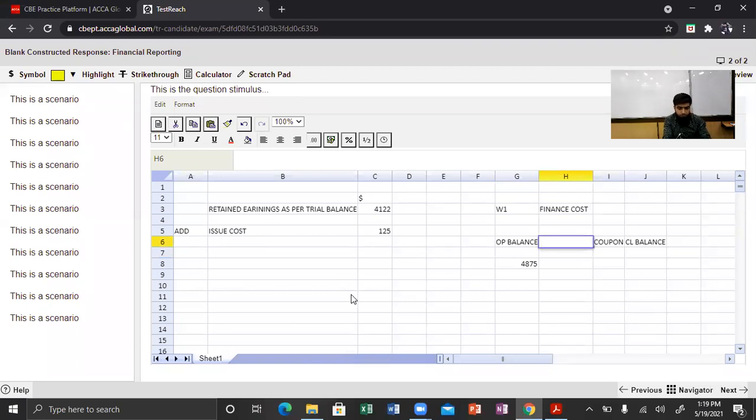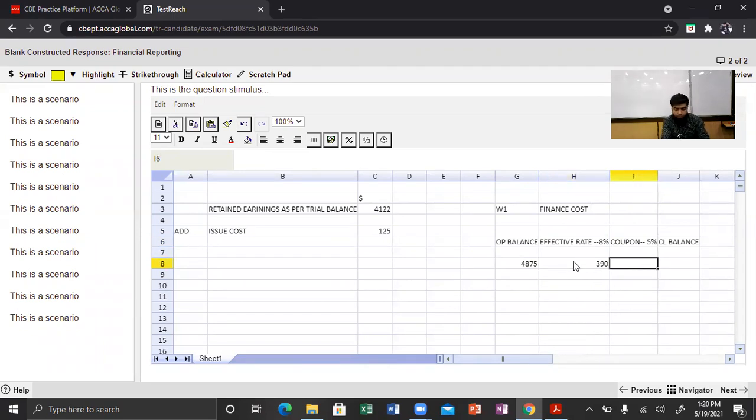So the effective rate is 8%, and the coupon is 5%. That is 4875 multiplied by 8%, which is 390.